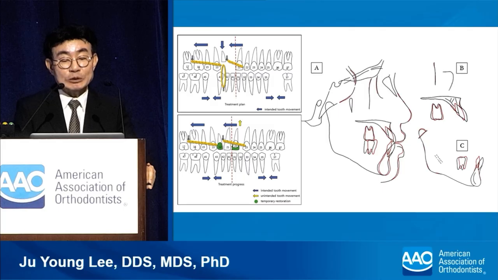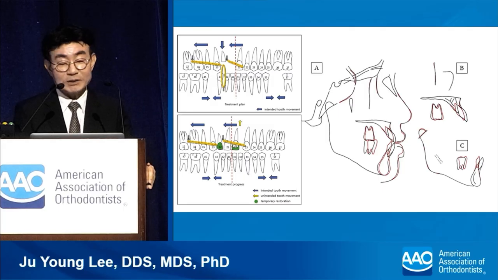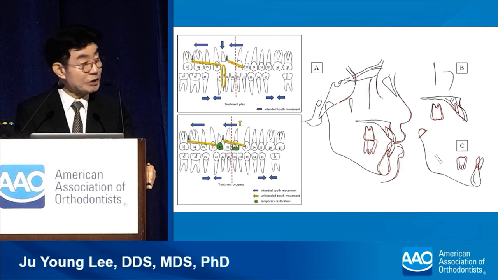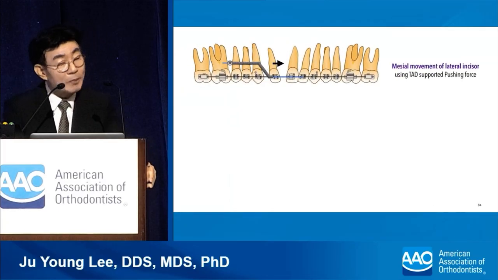Inevitably, the intrusion of the anterior teeth was accompanied with this mechanics, and it was shown in the superimposition. To avoid such an intrusion effect for my patient, I used the TAD-supported lead spring instead of pulling force.